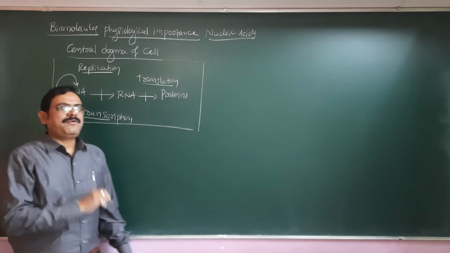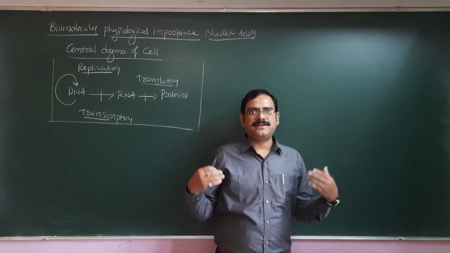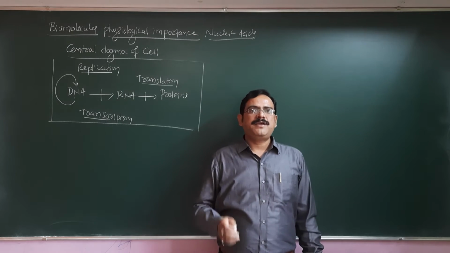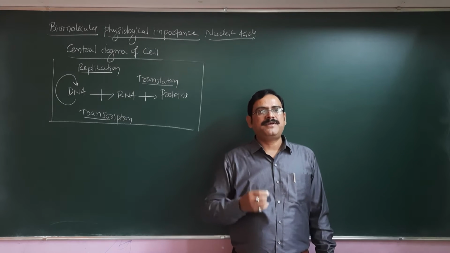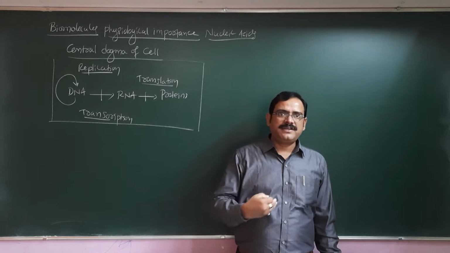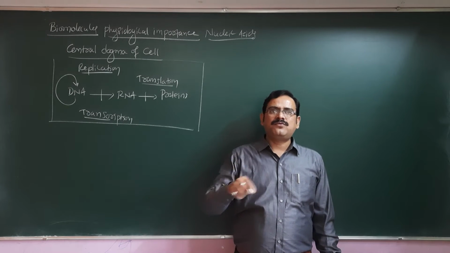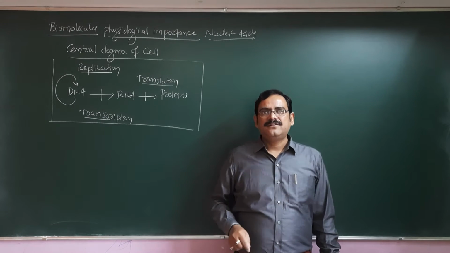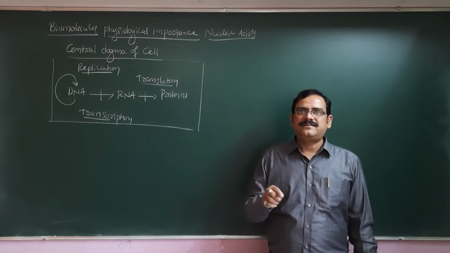Any type of character that has to be expressed in our body, it may be the height of the person, the texture of the hair, or the color of the person, all these are called morphological appearance. It depends on the type of genes, the type of DNA we have. When DNA makes its own copy, this keeps on happening inside the cell, and that mechanism is called replication.